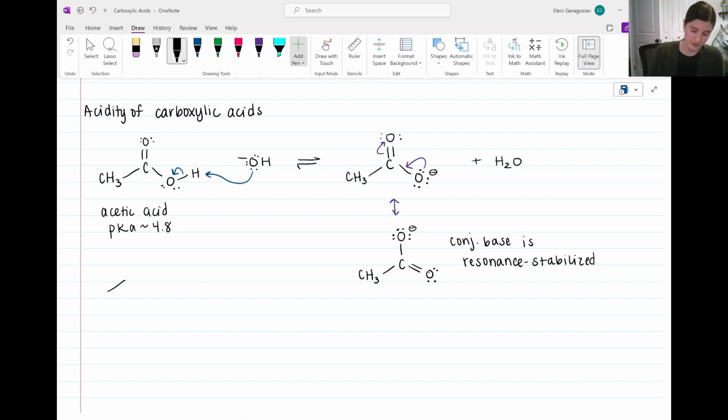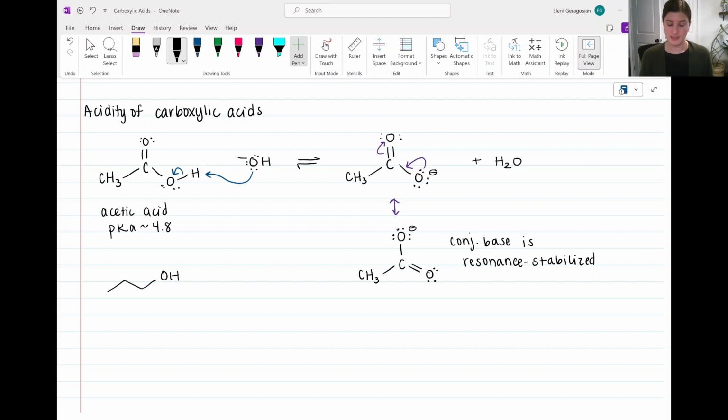So something like ethanol, I don't have the pKa of ethanol memorized, or propanol here, but it's certainly higher than acetic acid because its conjugate base is not resonance stabilized.